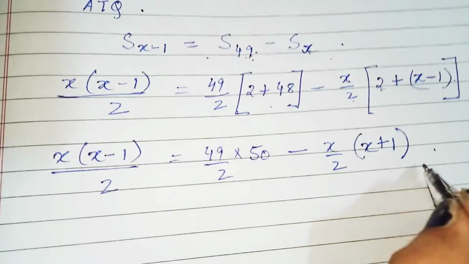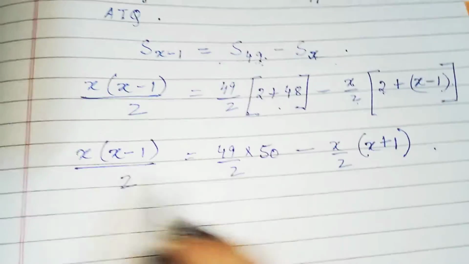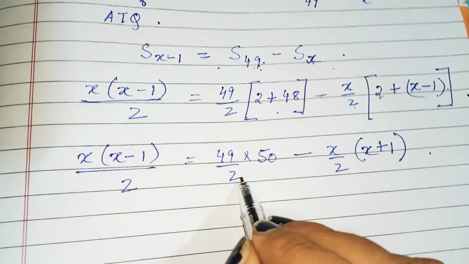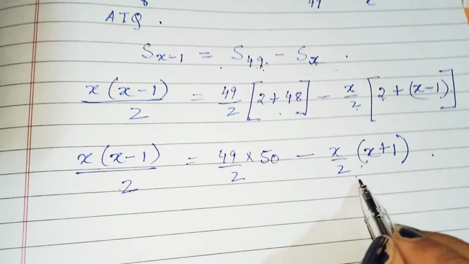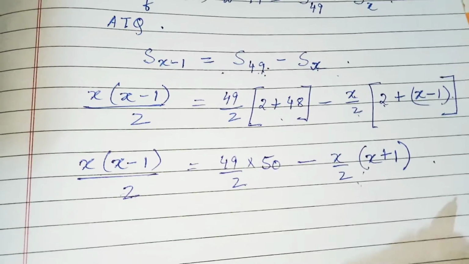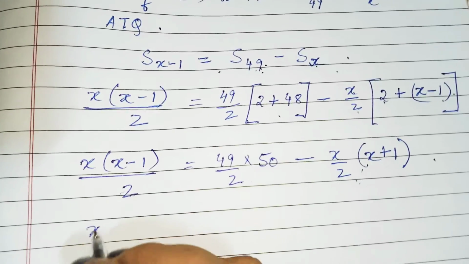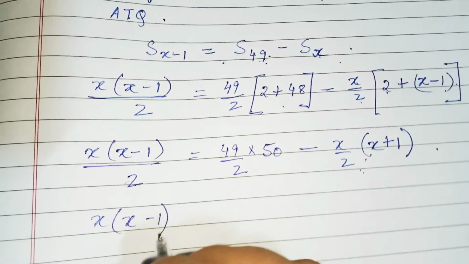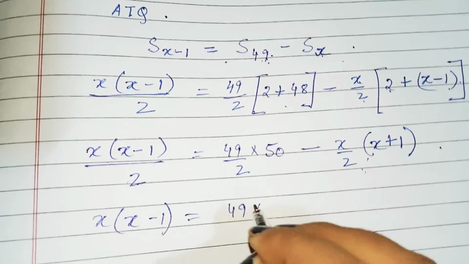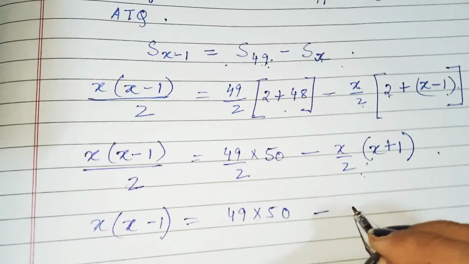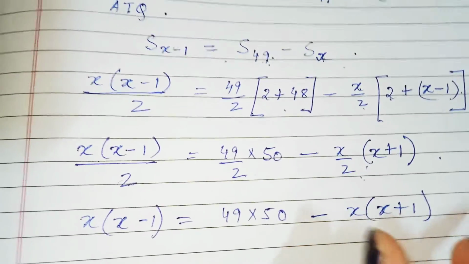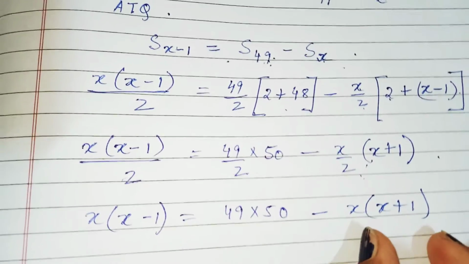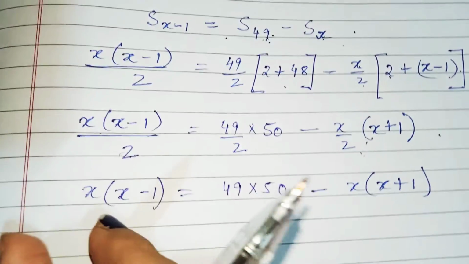Now we will solve this to get the value of x. Every term has 2 as a denominator, so that can be cancelled out. We get x into (x minus 1) equals 49 into 50 minus x into (x plus 1). Now we have to find x, so we write all the x terms on the same side.